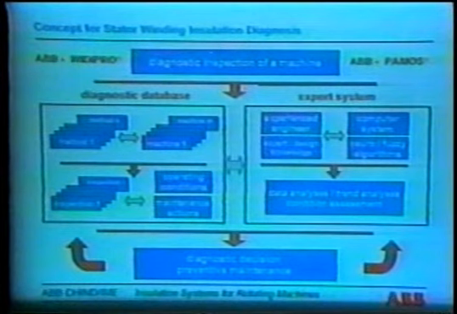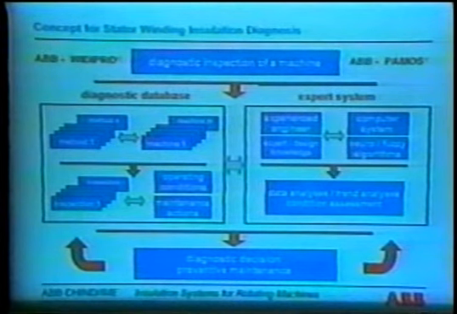In addition, we use a so-called expert system for making the diagnosis. This expert system consists of well-experienced diagnostic engineers that have a lot of knowledge on the insulation systems and especially on the machine design.